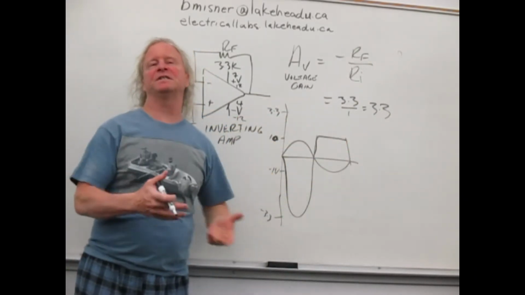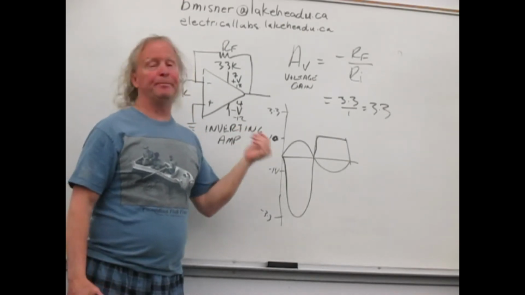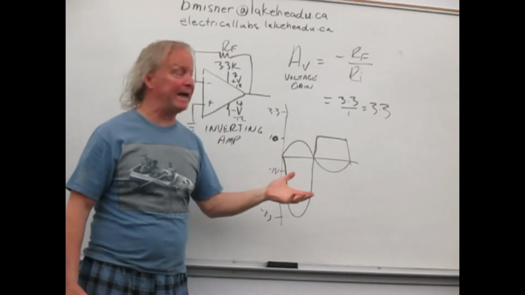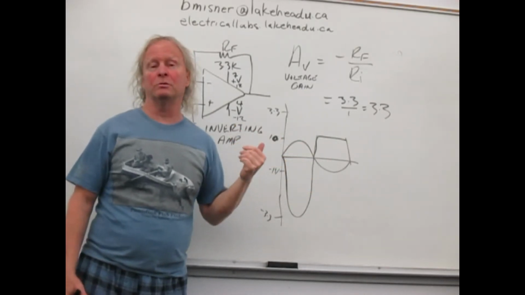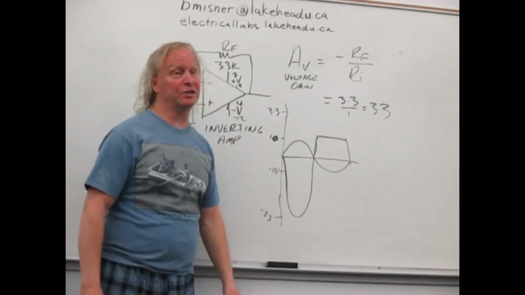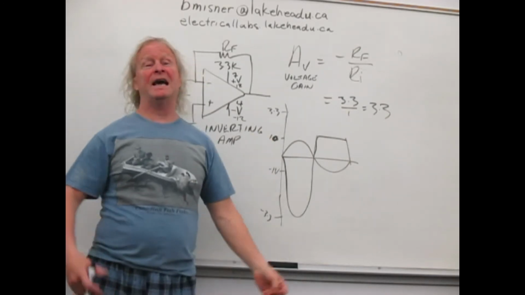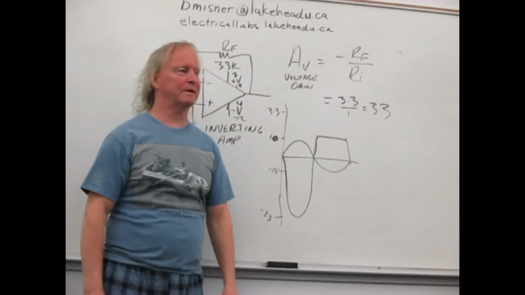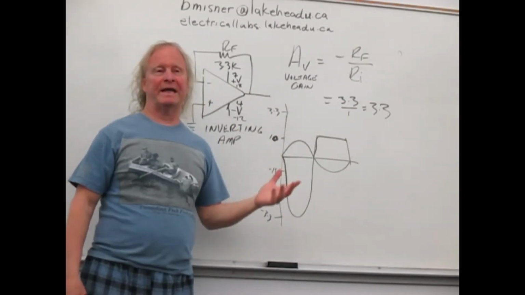The frequency is 0, which means the impedance of the speaker goes to 0, because XL equals 2 pi FL, and F is 0. So now you basically created a short circuit condition with your speaker, and it pulls a lot of current through it, and it'll kill your speaker.